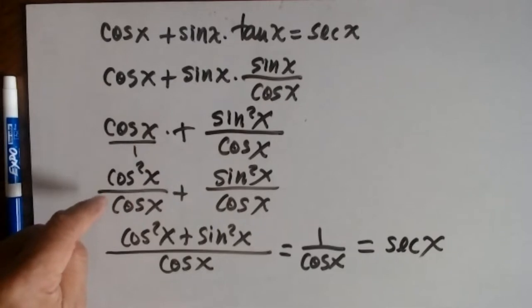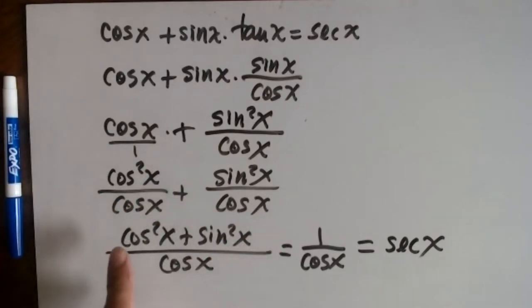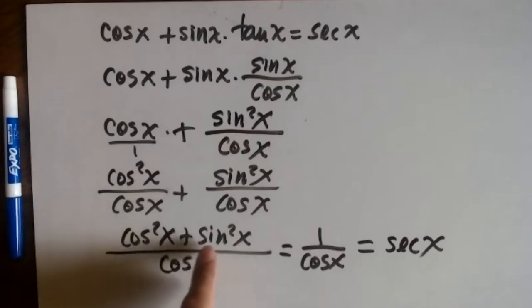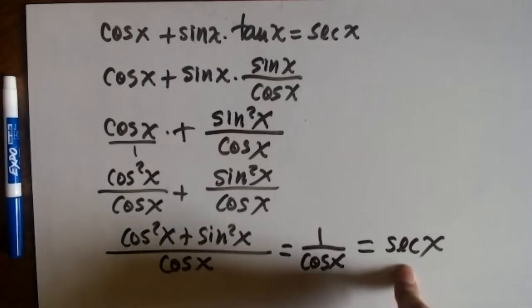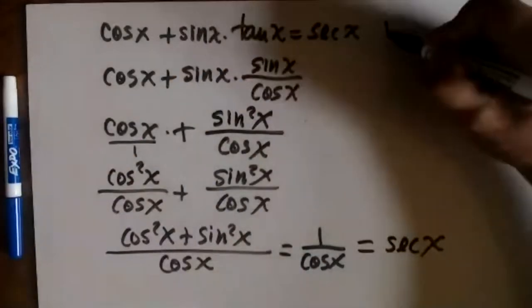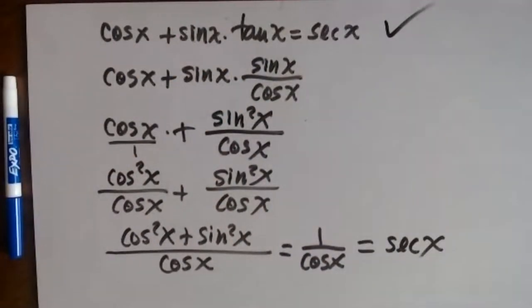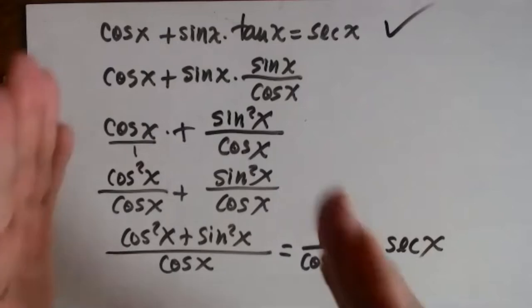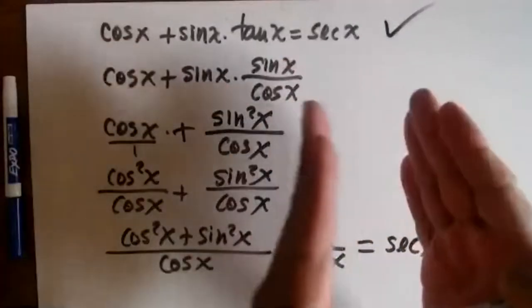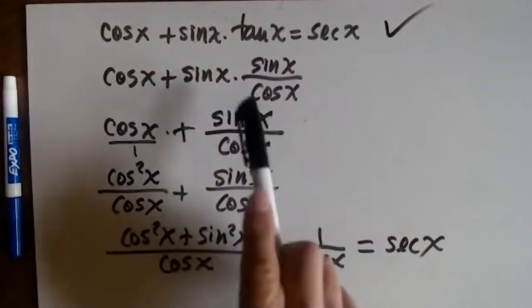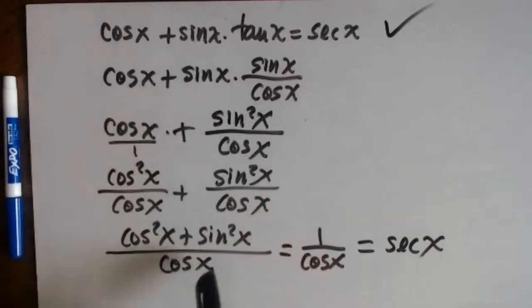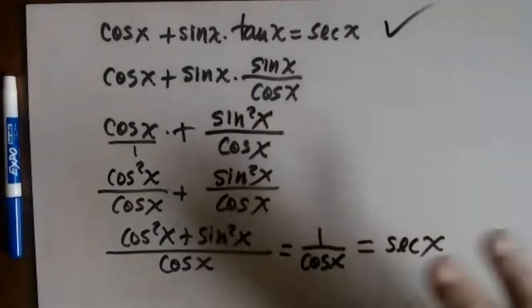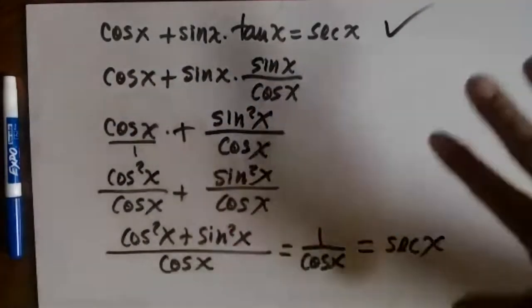You get cosine squared over x, then you put the common denominator, then you have the top, and you see that this is 1. 1 over cosine x by definition is secant x. So you prove the identity. So this is the situation: from one side of the identity, you try to find the other side using other identities and algebraic manipulations, correct? It's not that difficult. Any question here before we move on to the next example?